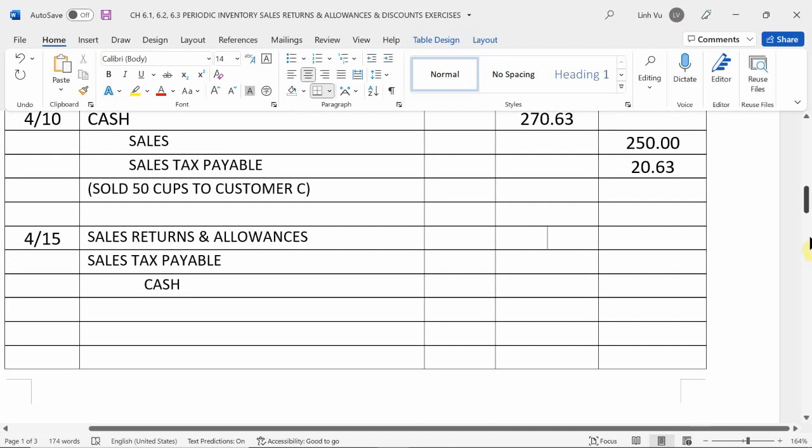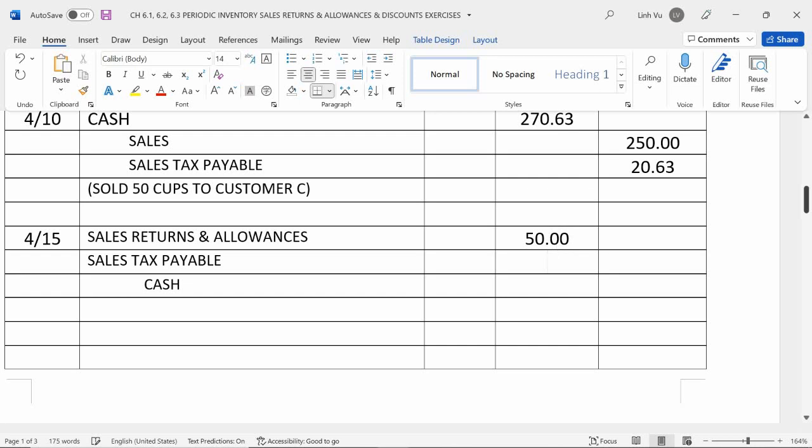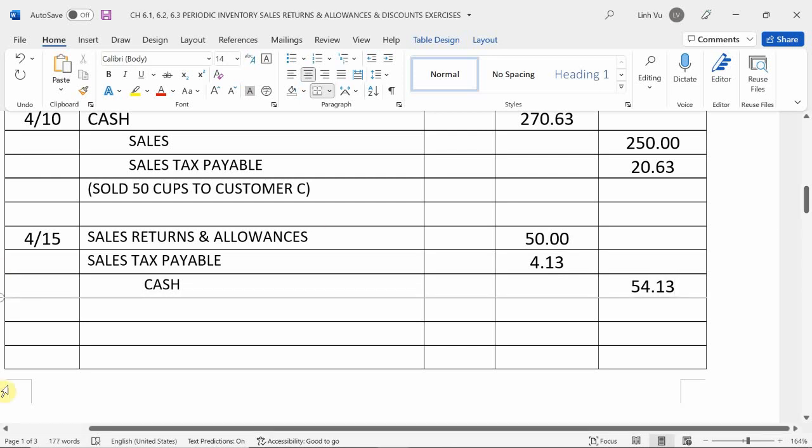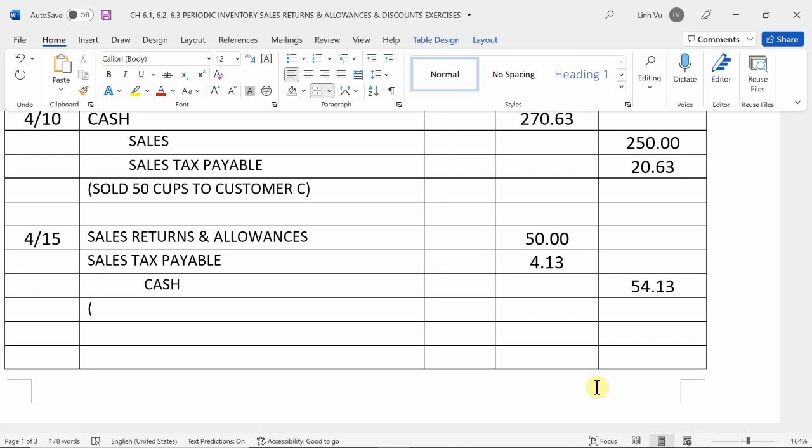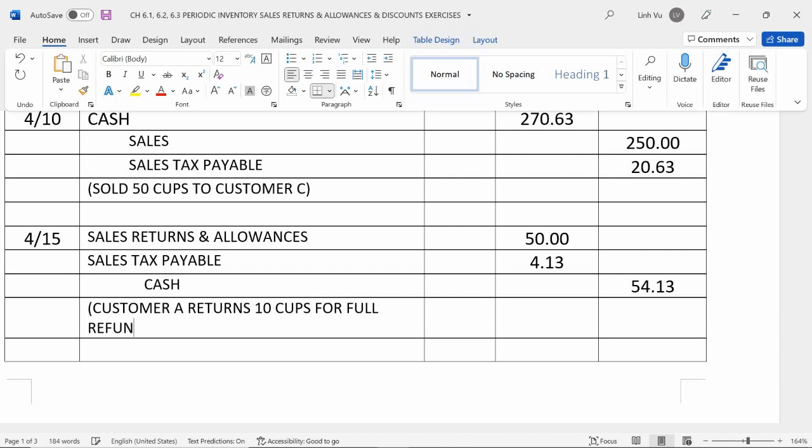The return itself is $50, but we're also giving them $4.13 in tax. So we are giving them a grand total of $54.13 in cash. Good. And I'm going to make a note saying customer A returns 10 cups for full refund.